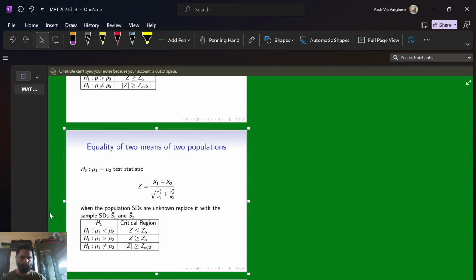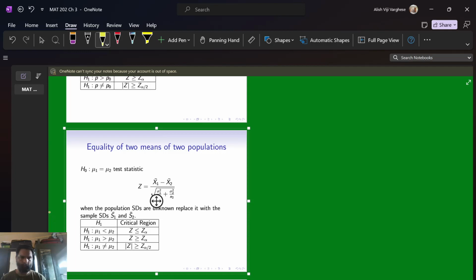The possible alternative hypothesis H1 can be mu1 less than mu2, mu1 greater than mu2, or mu1 not equal to mu2, and the critical regions Z less than or equal to Z alpha, Z greater than or equal to Z alpha, and mod Z greater than Z alpha by 2.